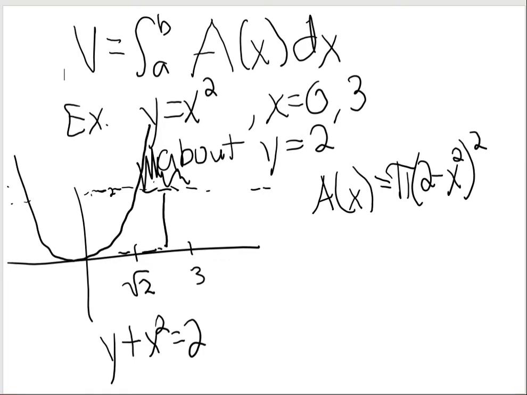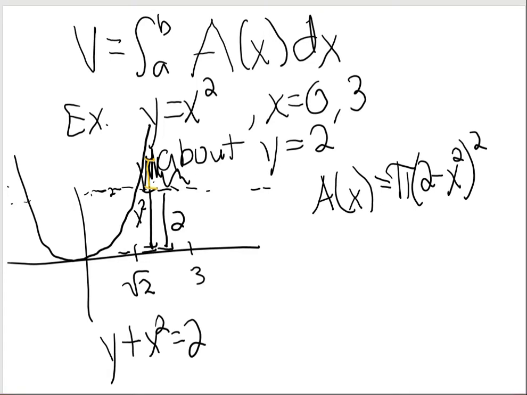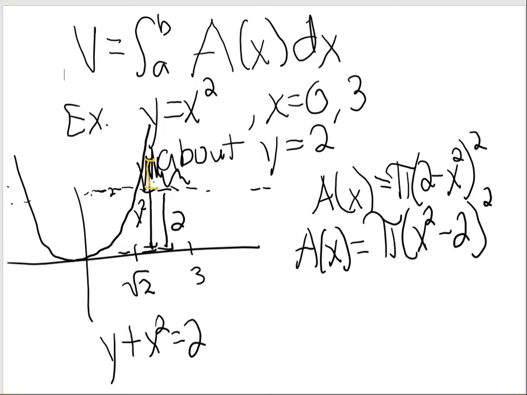Again, this distance is 2. This distance up to the function is x squared, and we want this part. So that's not going to be 2 minus x squared. Rather, that will be x squared minus 2.